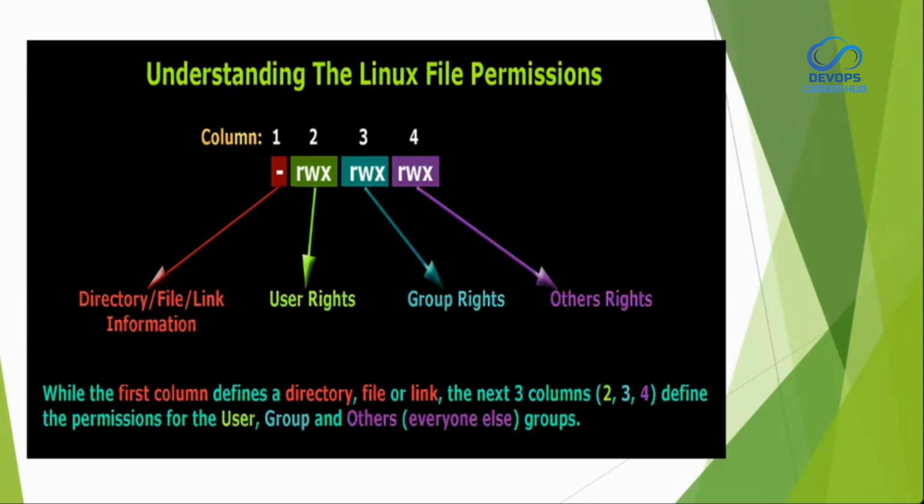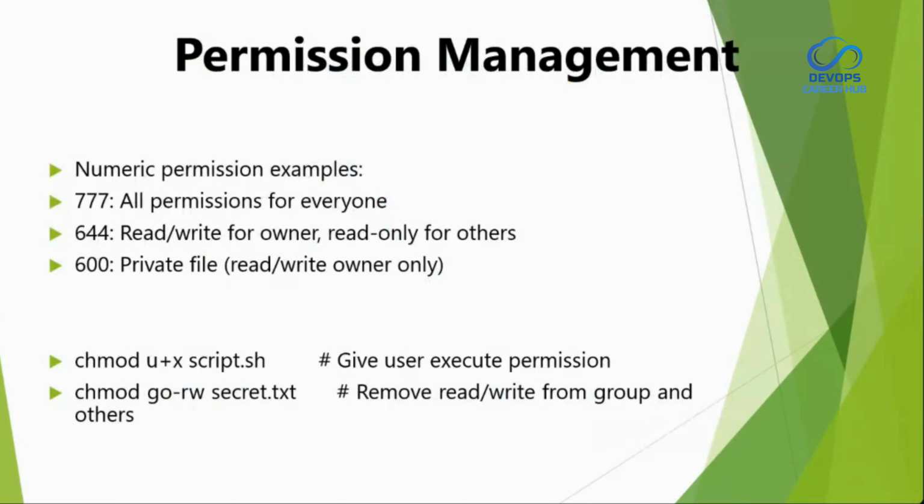Permission management, let's say chmod u+x script.sh. This is the kind of thing where we have made a script executable. So these are the kinds of permissions we can customize in a practical way. We can just discuss it out.